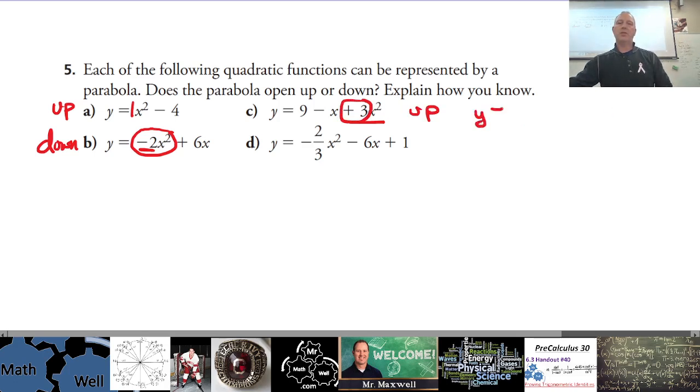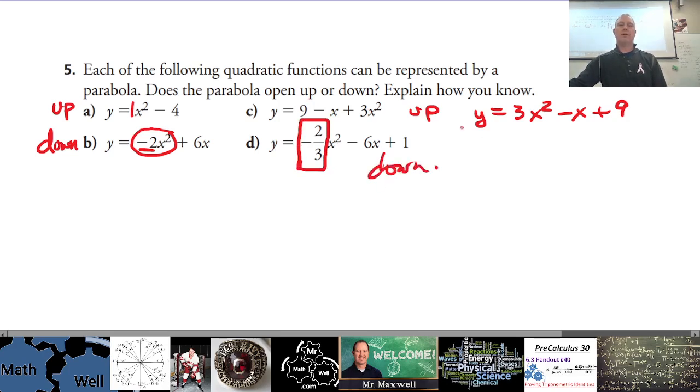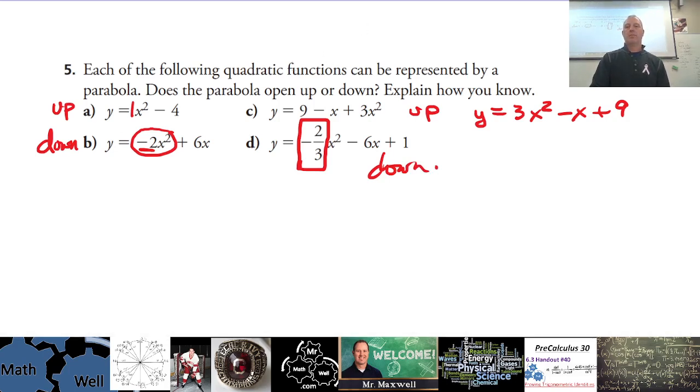Because rearranged, this would be positive 3x squared minus x plus 9. And finally, what about D? Negative. Yeah, it's a negative coefficient on the x squared term, so this is down. So up, down, up, down. Got it? Easy, right?